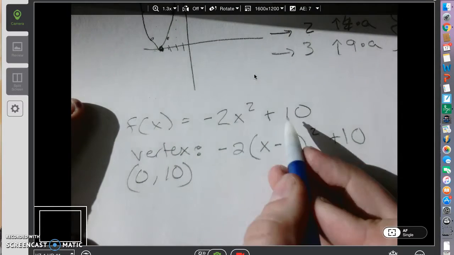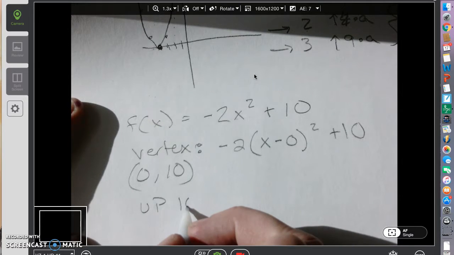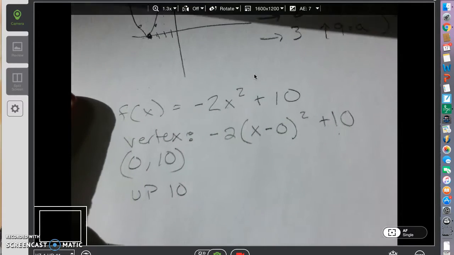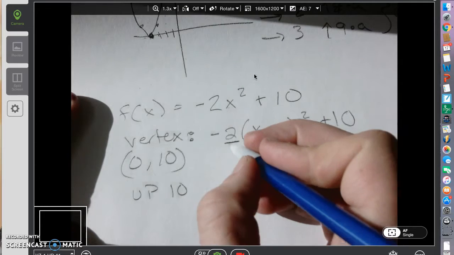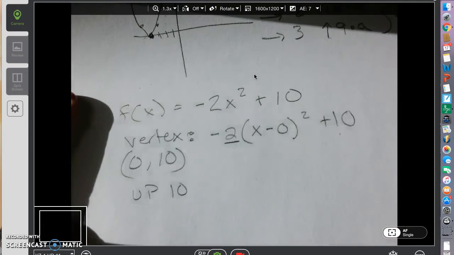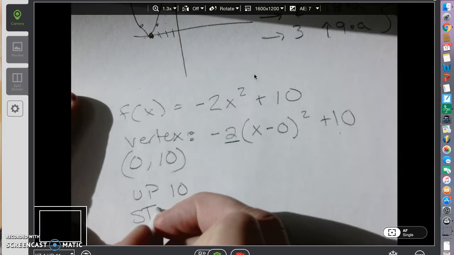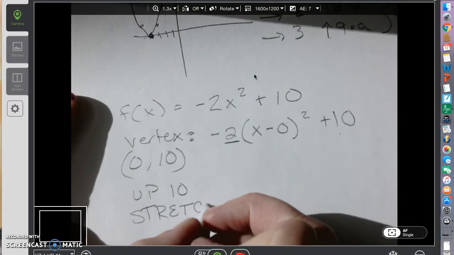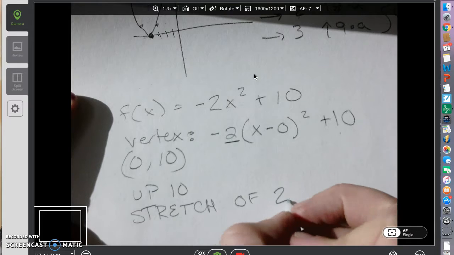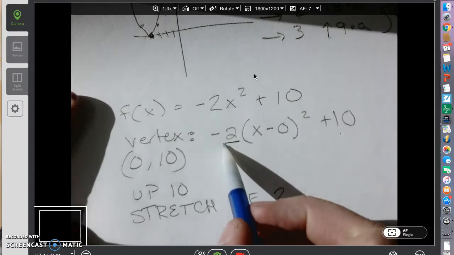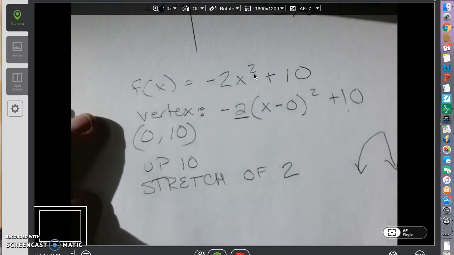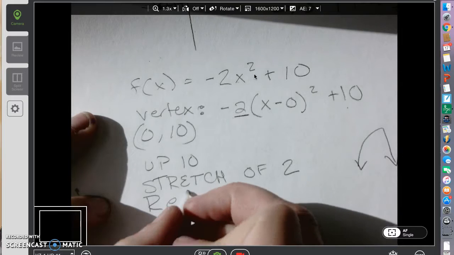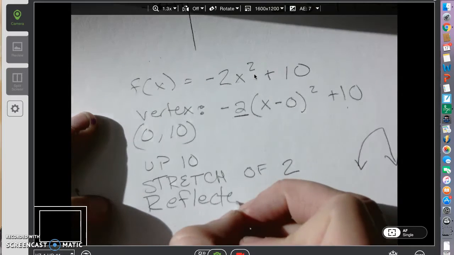The shift would be up 10, because that's the 10 at the end. Then this 2 is going to make my parabola really skinny. The fancy word for skinny is stretch, so a stretch of 2. And this negative sign is going to flip my graph over, so my parabola is upside down. The fancy word for upside down or flip is that my parabola gets reflected.